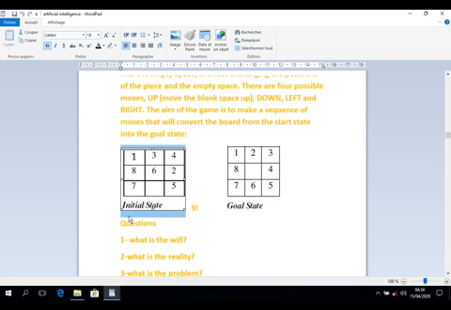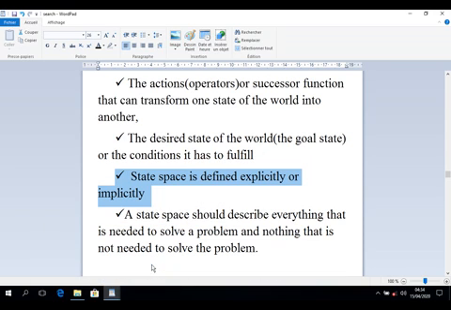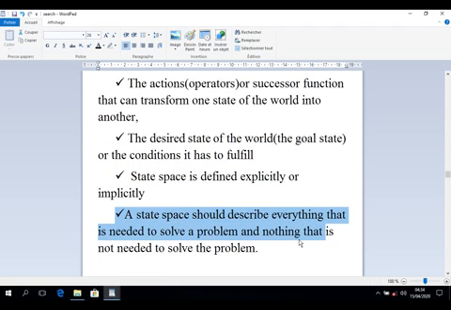It means that we can represent the graph explicitly by drawing all the nodes and all the arcs, or it can just be implicit.